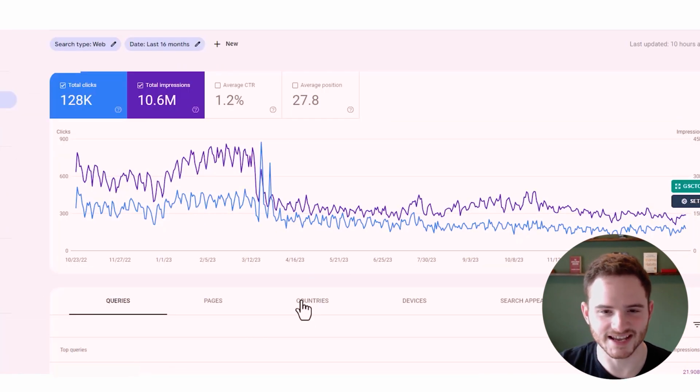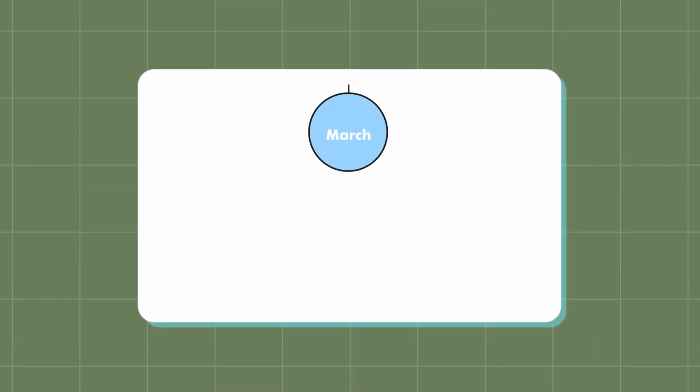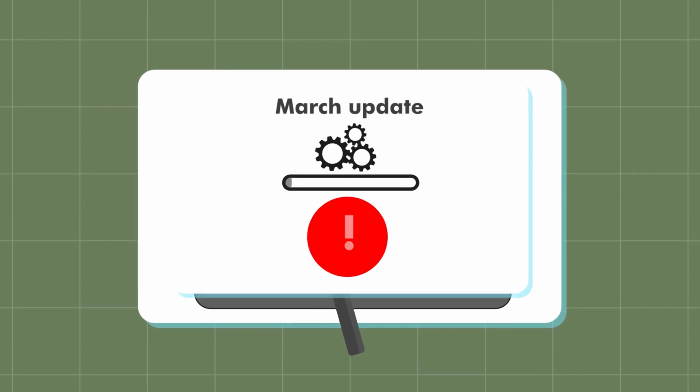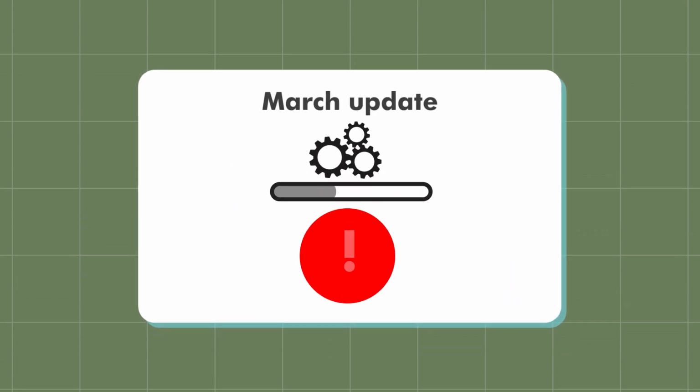Instantly, we see the problem. There is a major traffic drop, and it's in March. So we have a clear point on when to analyze before and after for our pages and our keywords, and we have an exact update that we can claim is the issue for this website.